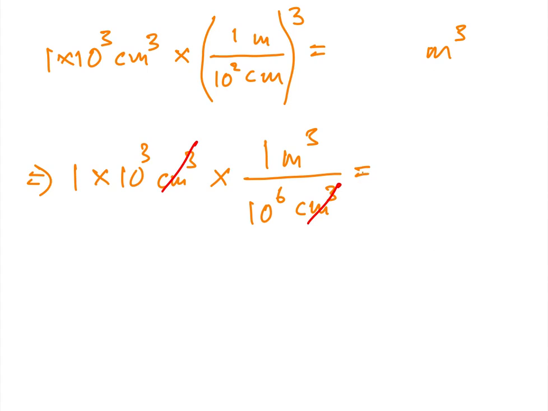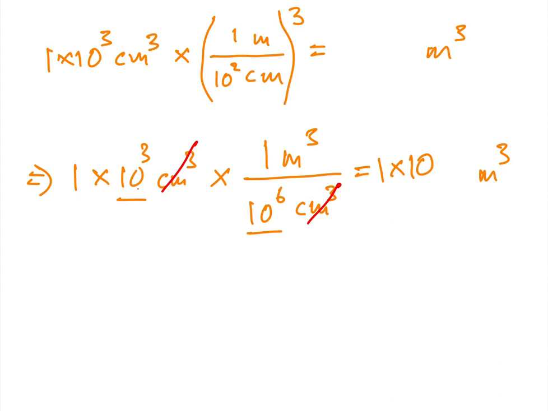The final answer then is going to be in units of meters cubed, but we want to get comfortable solving these problems without using the calculator. That's one of the beauties of scientific notation here. We can actually figure out the answer without having to rely on the calculator. In fact, all we have to do is rely on addition and subtraction.